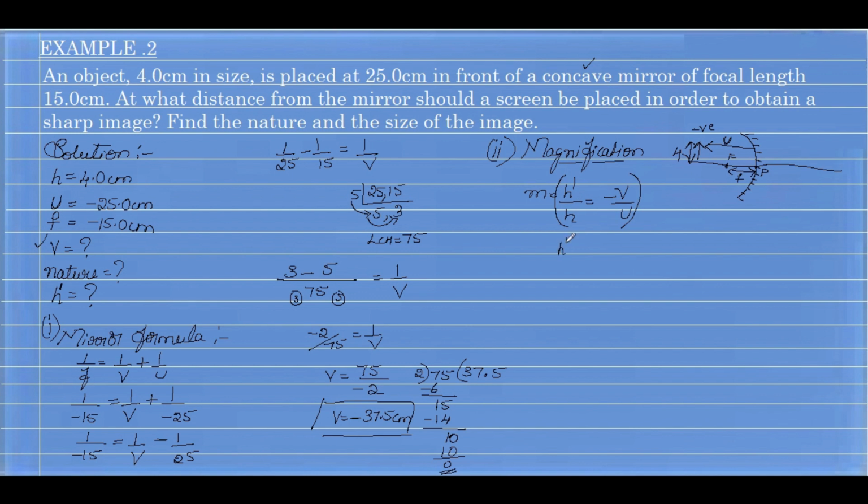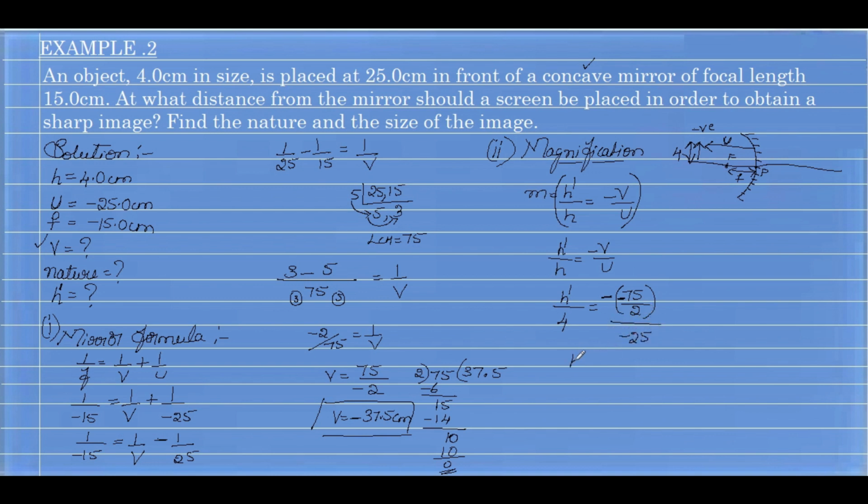Okay. So h dash by h is equal to minus v by u. H dash we need to find out. H is 4, is equal to, minus is there. For v, don't take this decimal point number. You need to take this in order to make the solution easier. Okay. It is minus 75 by 2, divided by u, the object distance, which is minus 25.